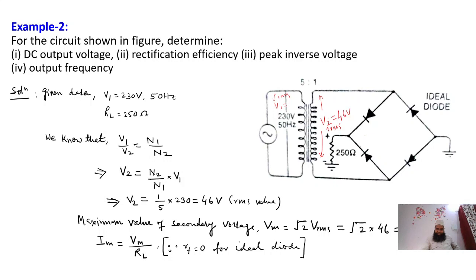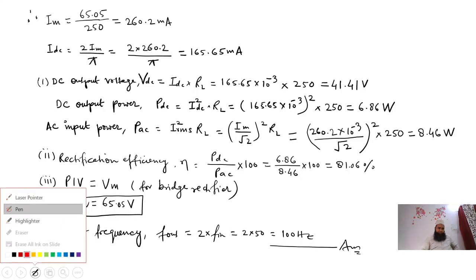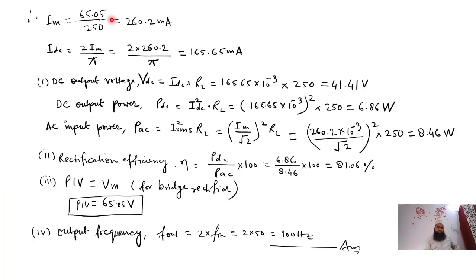Here it is written that the diode is ideal. Ideal means no forward resistance. Ideal diode has forward resistance 0. So now we have Im equal to Vm upon RL. Im we can calculate as Vm upon RL.